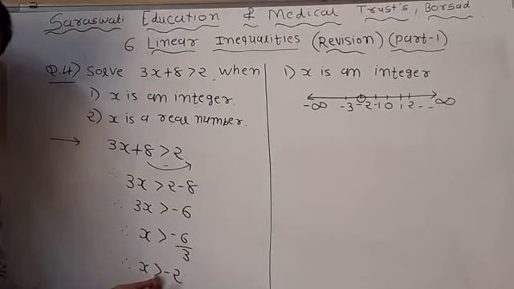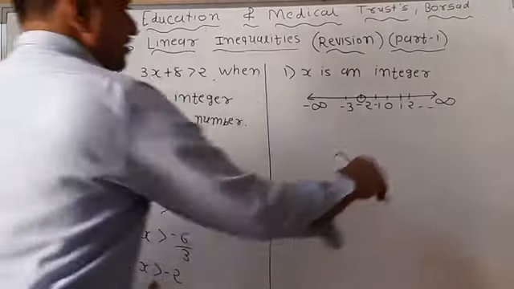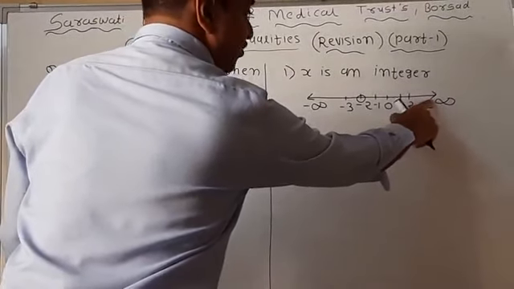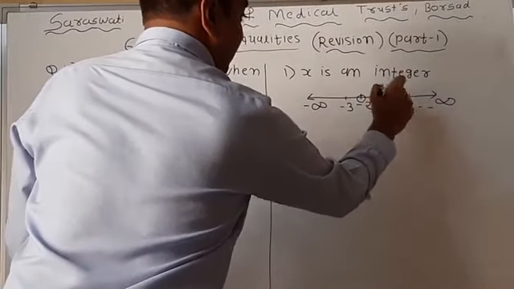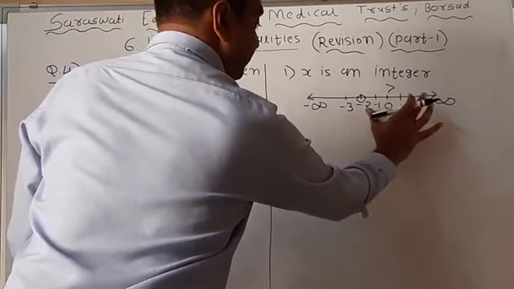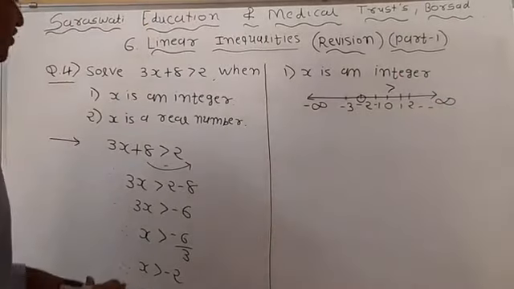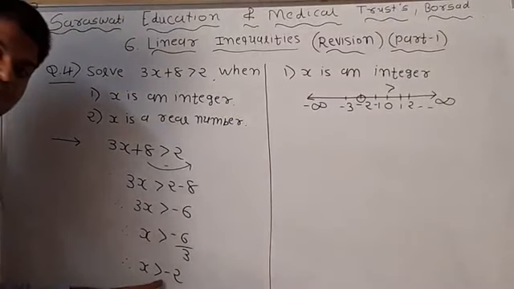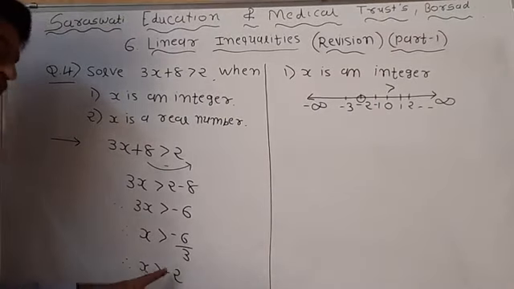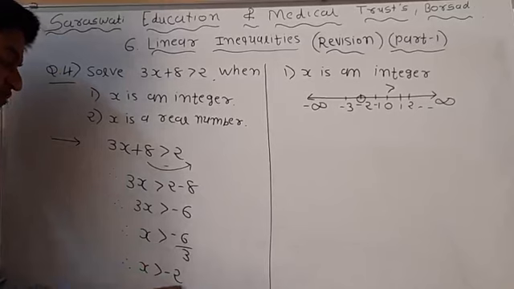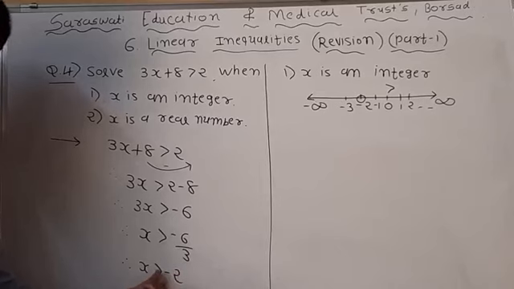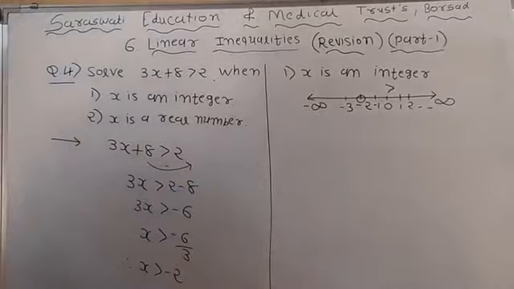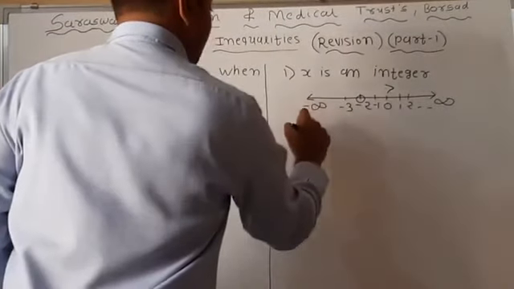Greater than means the arrow goes this side. So our answer lies between minus 2 and infinity. Here strictly greater than is present, so we cannot consider the value of minus 2. If greater than or equal to were present, we could consider the value of minus 2. But here strictly greater than is present. So our answer is the solution set.